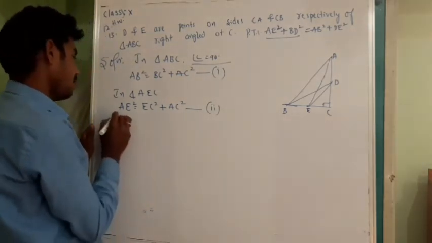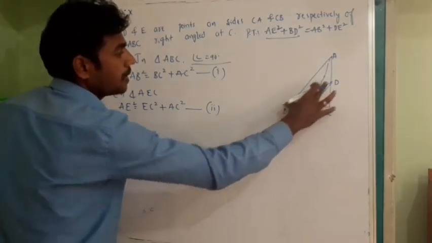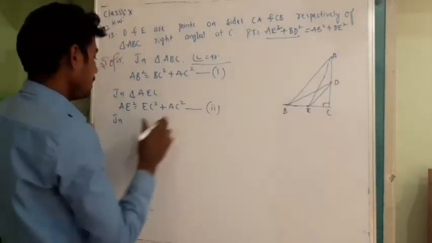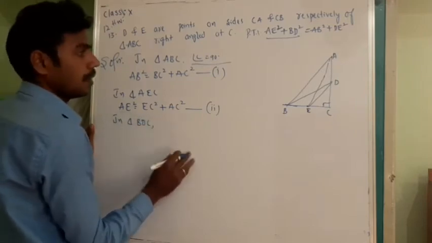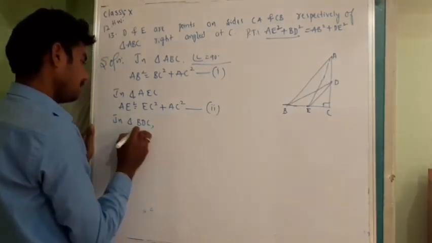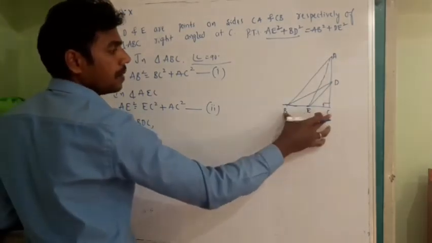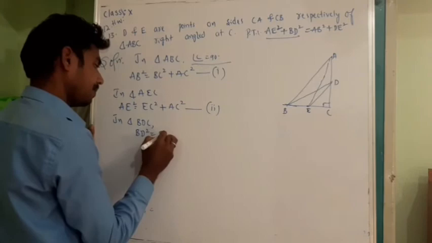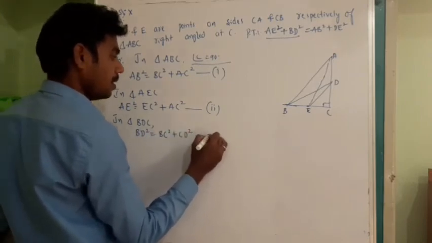Next, what do I need? BD. Where is BD? BD is here. In triangle BDC, BD square is equal to BC square plus CD square. Call it equation number 3.